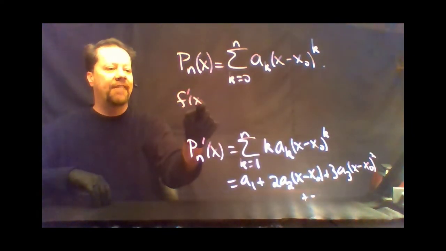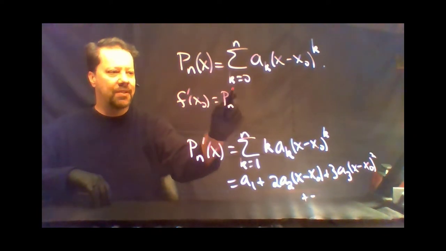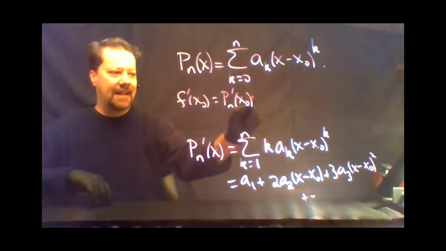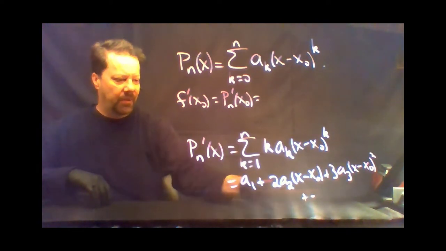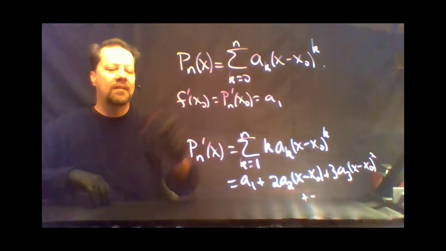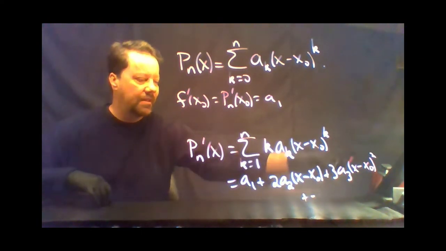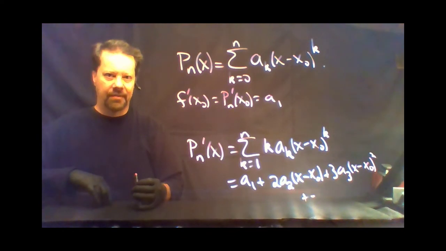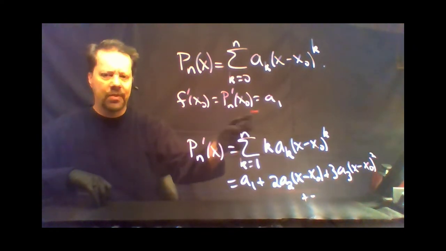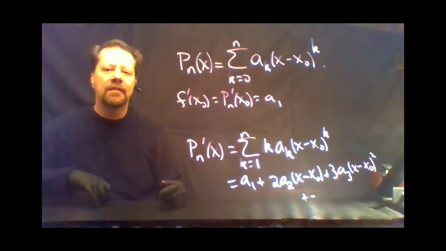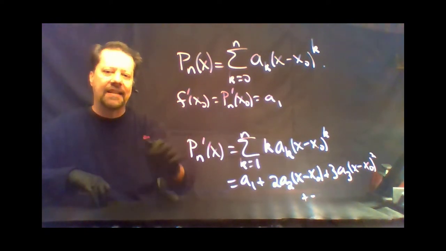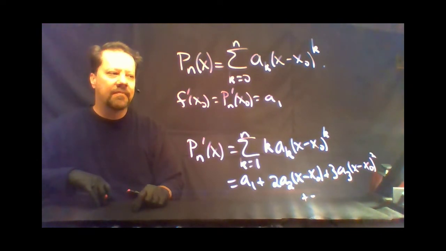So that f prime of x0 is equal to the slope of this polynomial at x0. We require a1 be f prime at x0. When we evaluated x0, these terms after a1 go to 0. This is working out just as before for the straight line that matched function value and slope, and for the quadratic that matched function value, slope, and concavity.